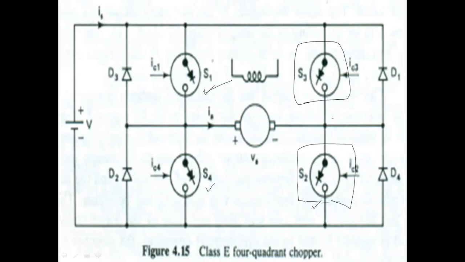So what happens if they are on and off for long periods? This creates a commutation problem when the switches are realized using thyristors.